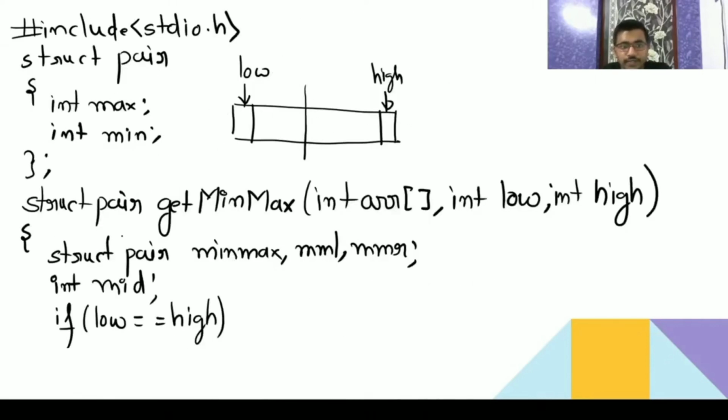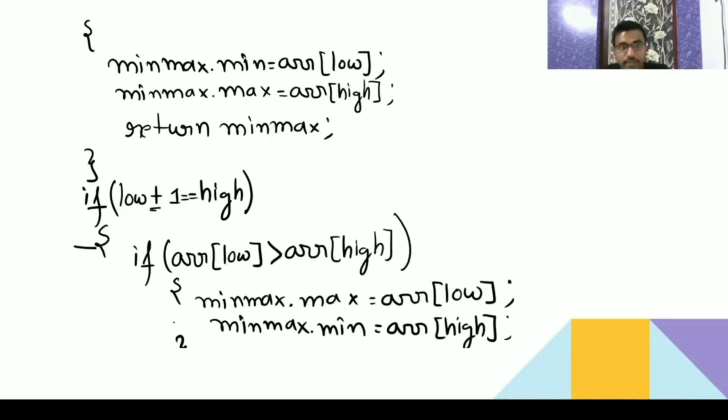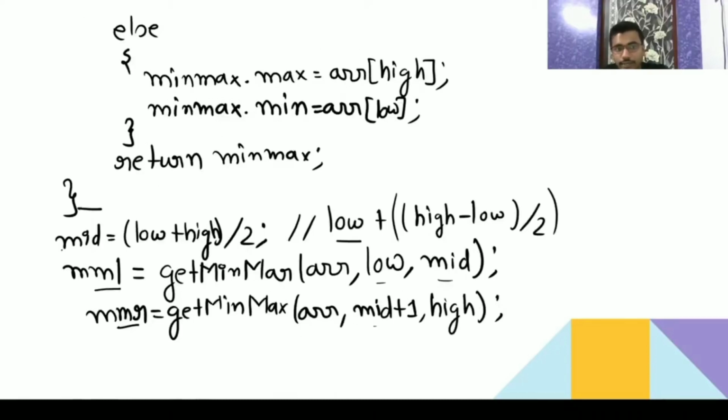Then checking low equal to high. No, low is not equal to high, so this condition is not satisfied. Then low plus 1 equal to high, this condition is again not satisfied. Then it will go here.